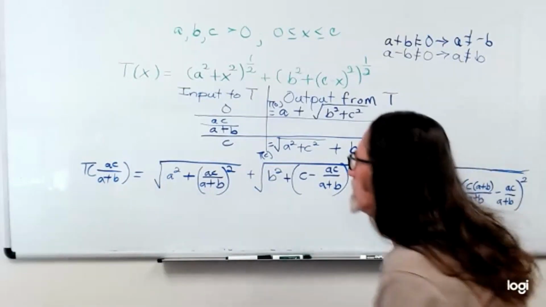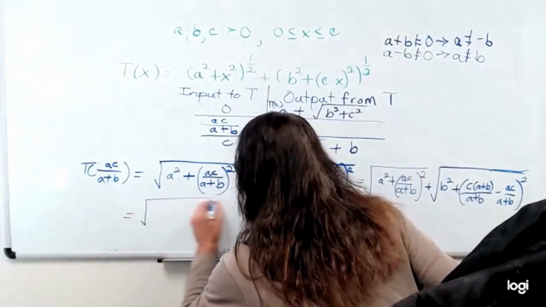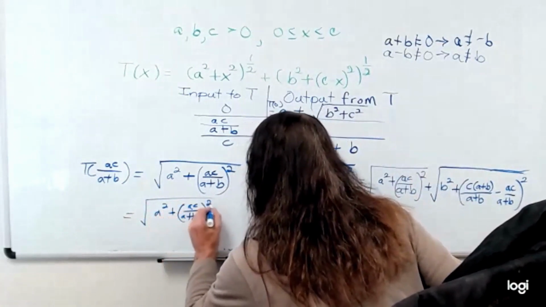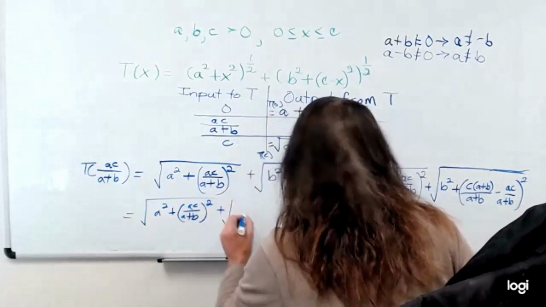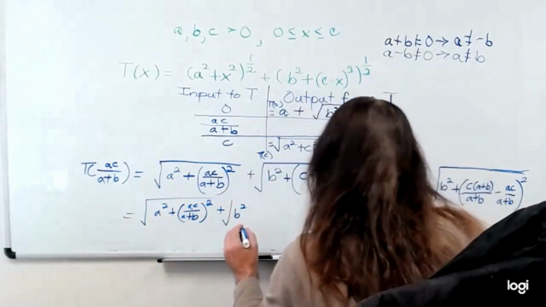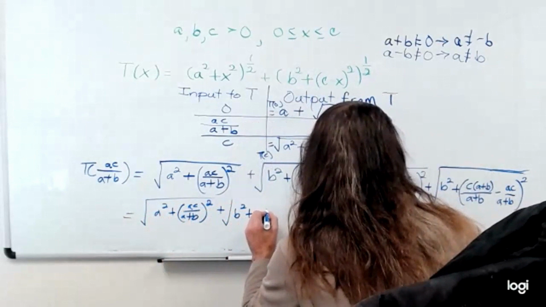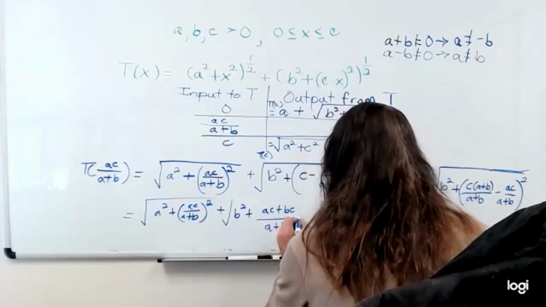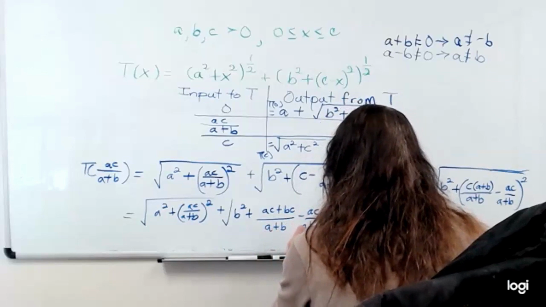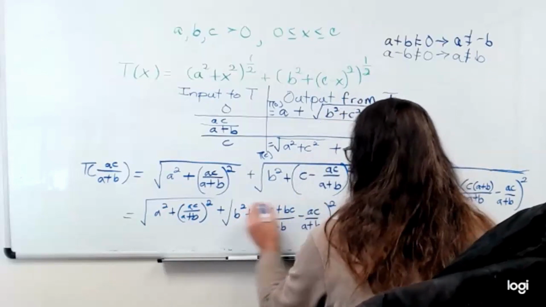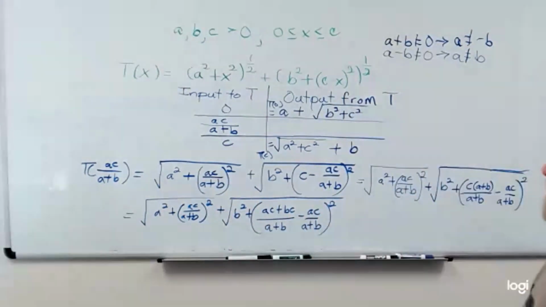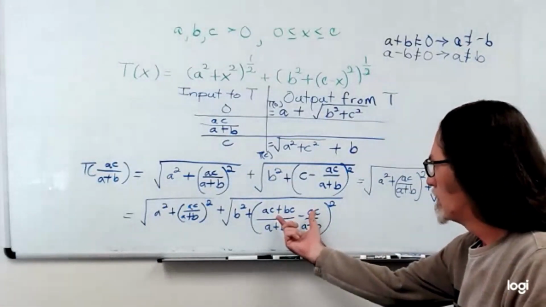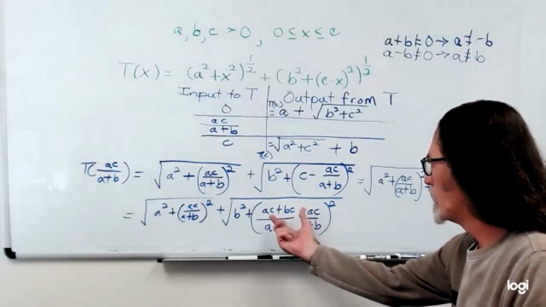Distribute the c to the a plus b. And when we put together these two fractions with the same denominator, then subtracting those numerators, we're going to get the ac terms to cancel.